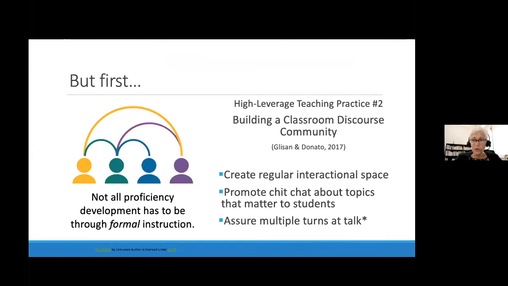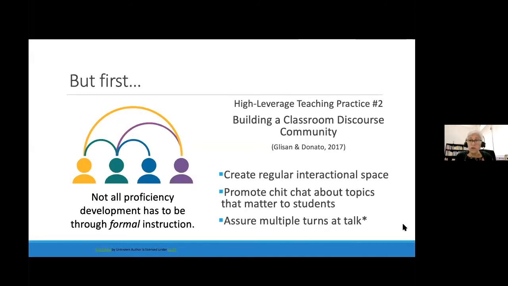When you're standing at the door and you're chatting with students as they enter the room, when you're carrying out the social emotional learning strategies, when you're doing your warm-ups, as you know what the topics are that matter to your students, engaging everyone in chit chat and assuring that there are multiple turns for talk, not just teacher question, student answer, but maybe teacher initiated, a student responds, and then a different student responds to that student.